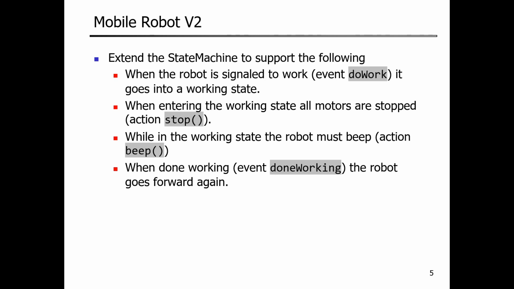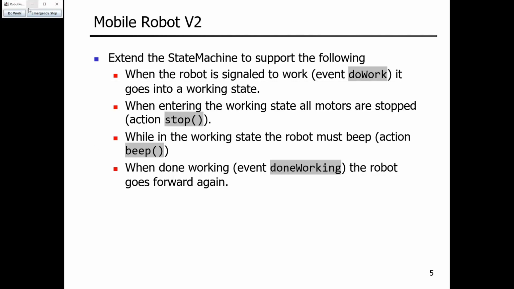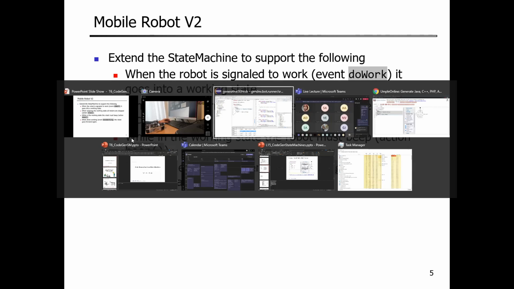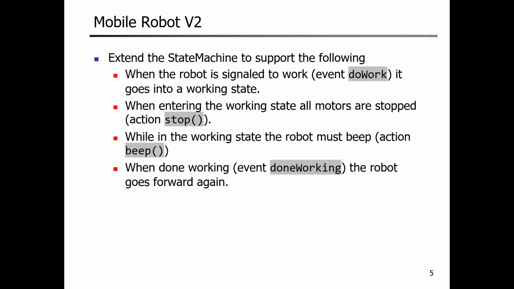So it looks like we might want a new state. If we go back to our editor here, we might want a new state working. And it says here, when the robot is signaled to work, which is the event do work, it goes to the working state.